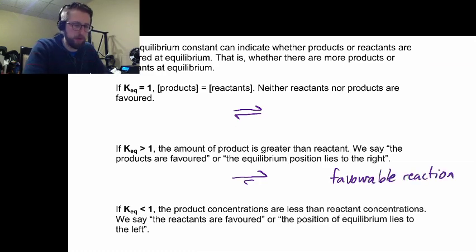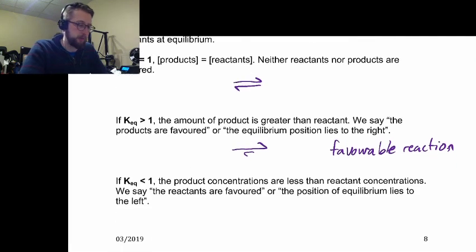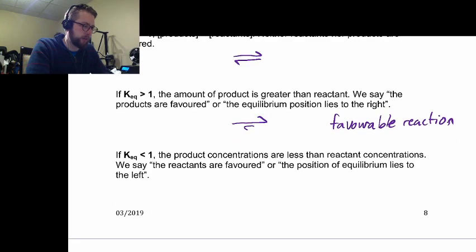So when we're comparing two experiments, one that has a high K is going to be considered a favorable reaction, something we want to happen. When K is less than 1, that is bad news.